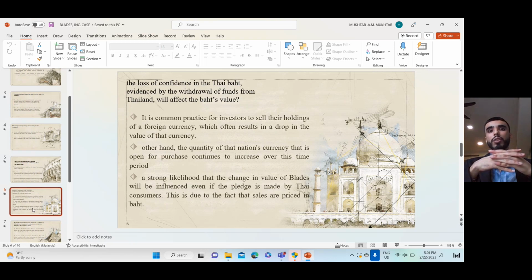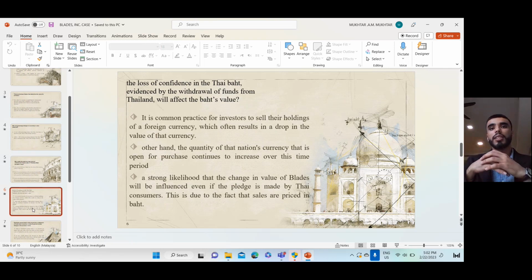On the other hand, the quantity of that nation's currency that is open for purchase continues to increase over this period. There is a strong likelihood that the change in value of the baht will be influenced by the pledge made by the Thai consumers.